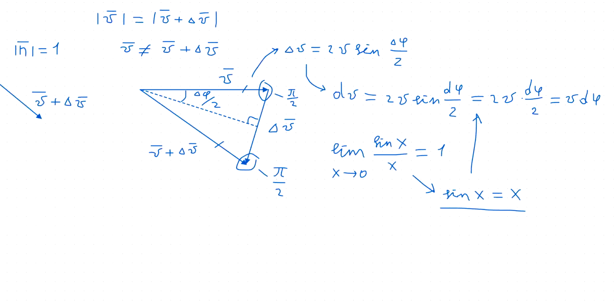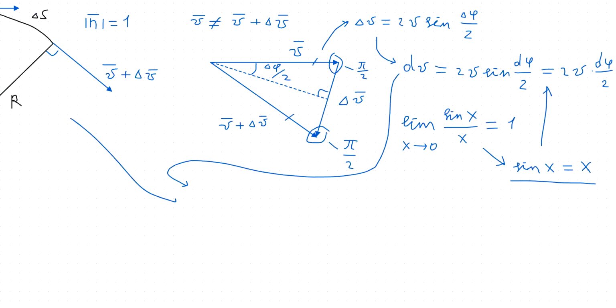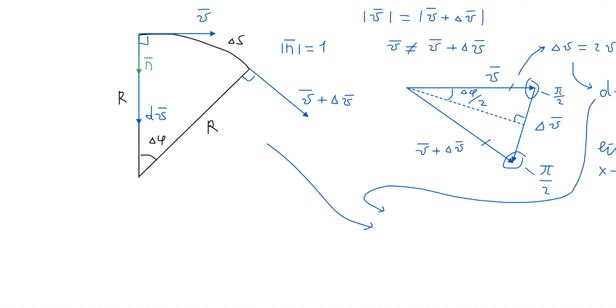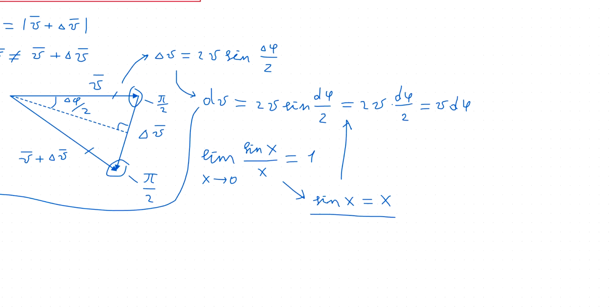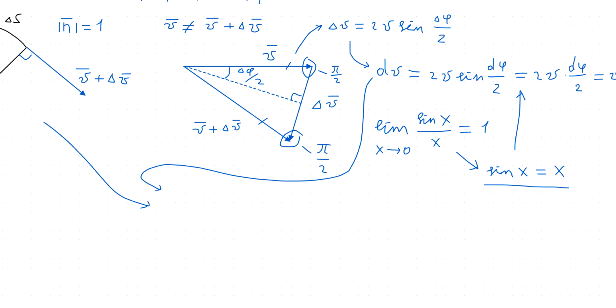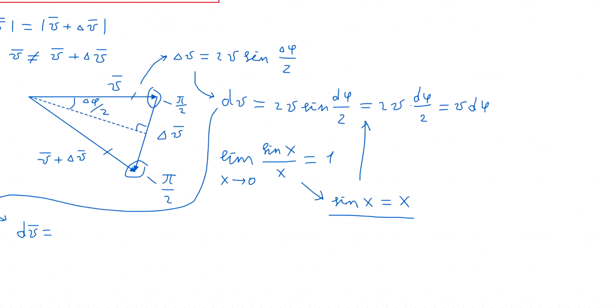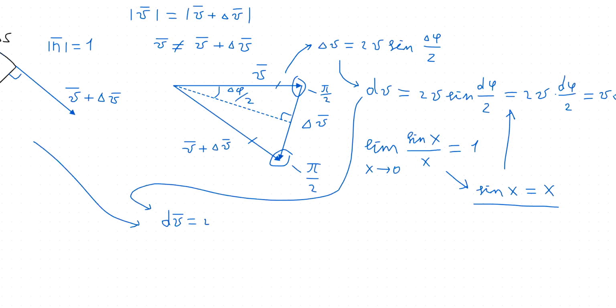And with this normal vector, we can rewrite this formula as a vector equation. So the change of direction of velocity is equal to v multiplied by n and multiplied by dphi divided by 2, multiplied by dphi divided by 2.